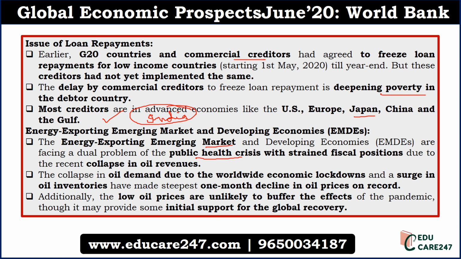Because of lockdown, economic activity is on hold, and demand is also very low, and now they have oil inventories, they are not able to keep their oil, and it is letting oil prices decline. We have already made a video on oil prices. You can go to our website or our YouTube channel, or you can check that video. So basically these countries are also facing a major challenge. Most of the Gulf countries are facing a challenge because they are not able to export their oil and not able to get the revenue they used to get earlier.